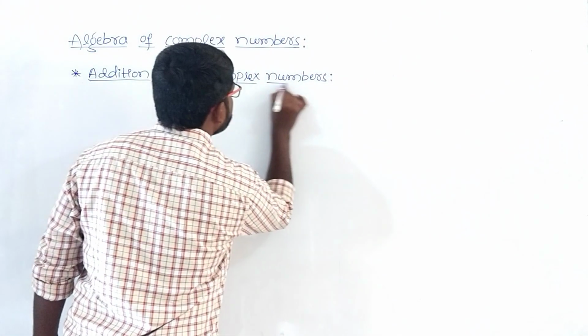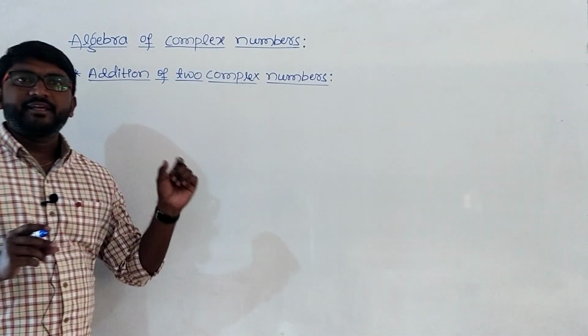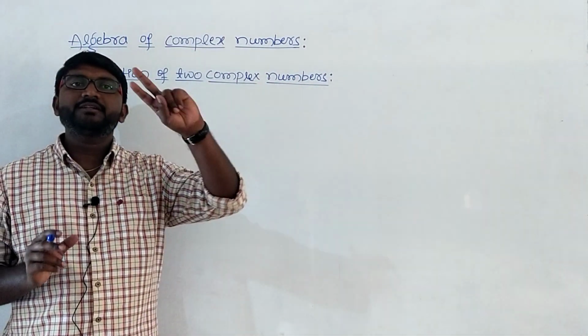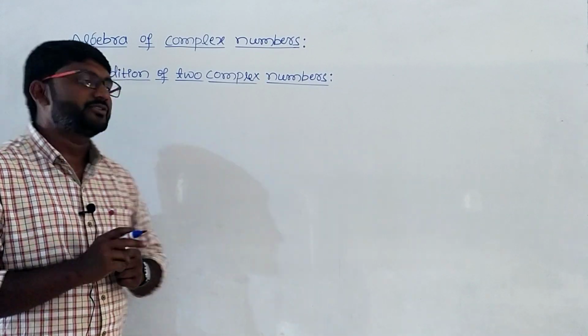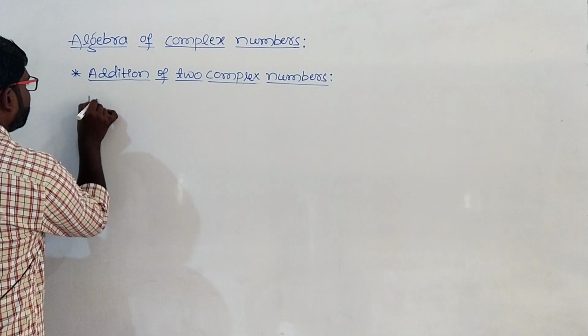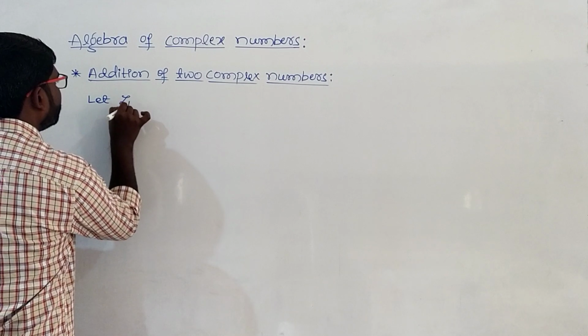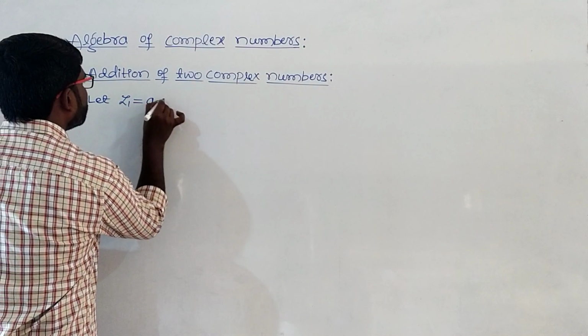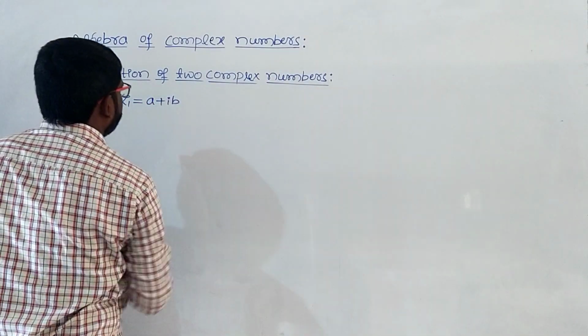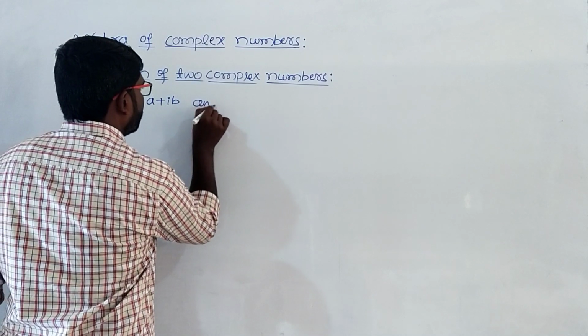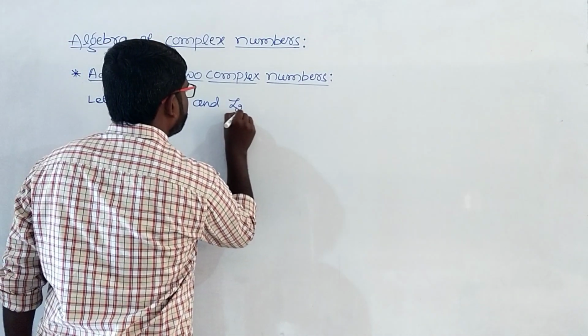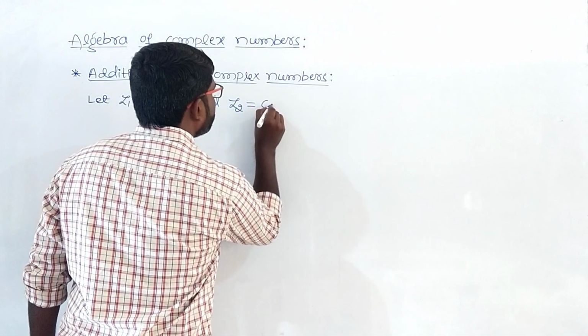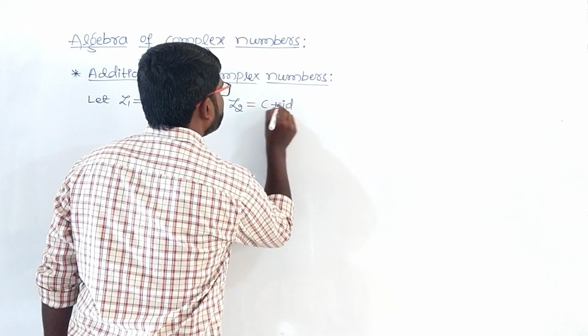That's what we are going to discuss now. I will take Z1 and Z2 as the two complex numbers. Let Z1 equal A plus iB, and Z2 equal C plus iD.